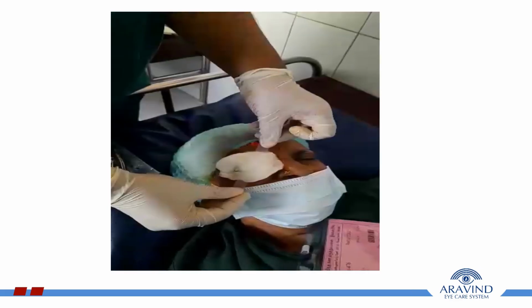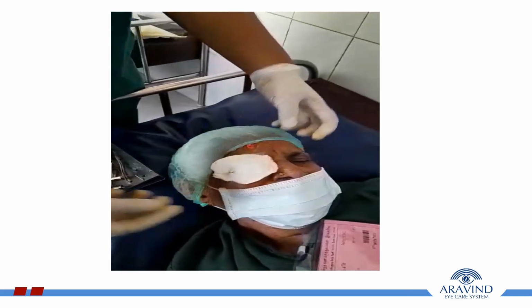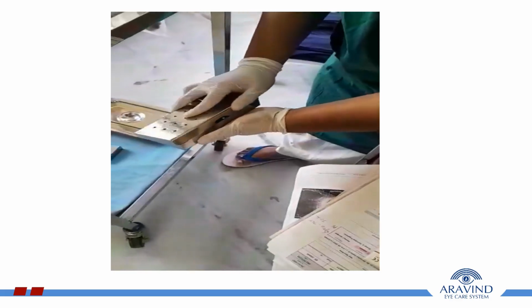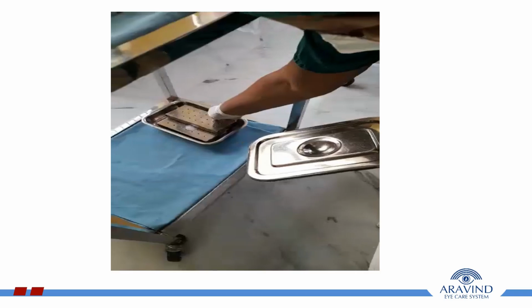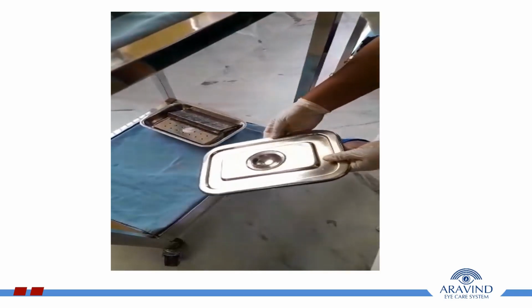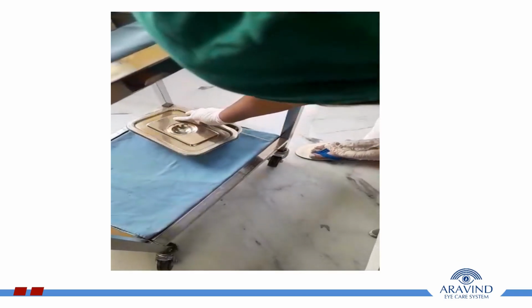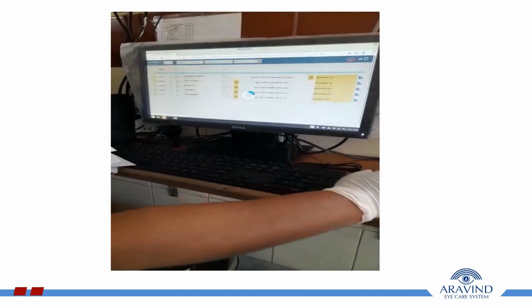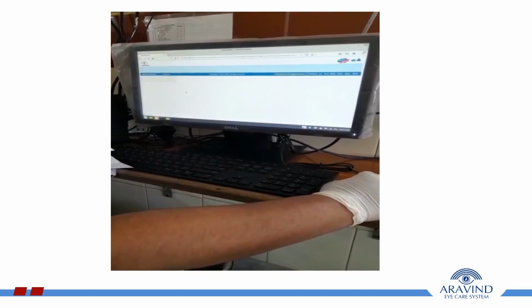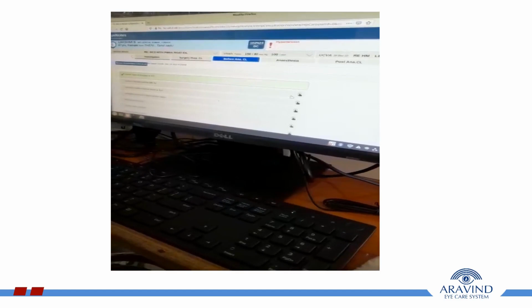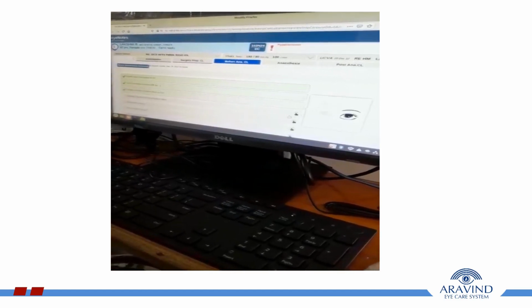Pad and bandage applied. The used subtenon set is kept separately. And the details of the subtenon anesthesia have to be entered in the EMR as well.